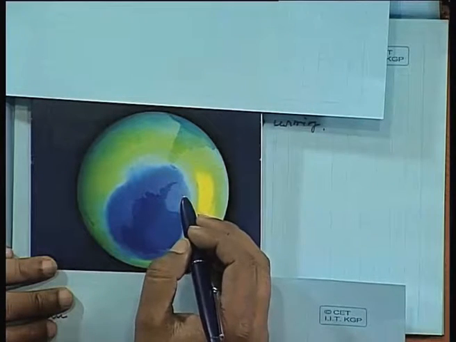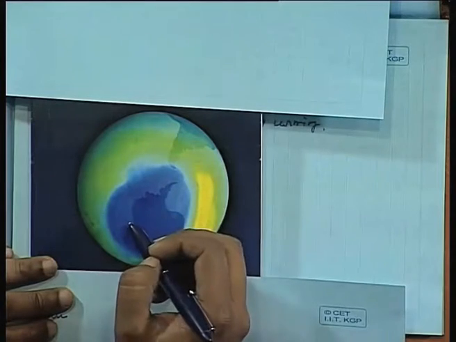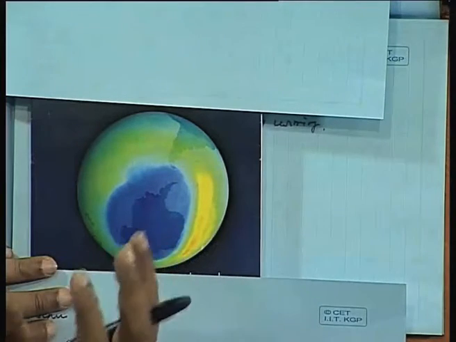This ozone cover actually helps in absorbing the harmful radiation. So in places where the ozone hole is created, it would allow sunlight to enter the earth without any resistance as such.